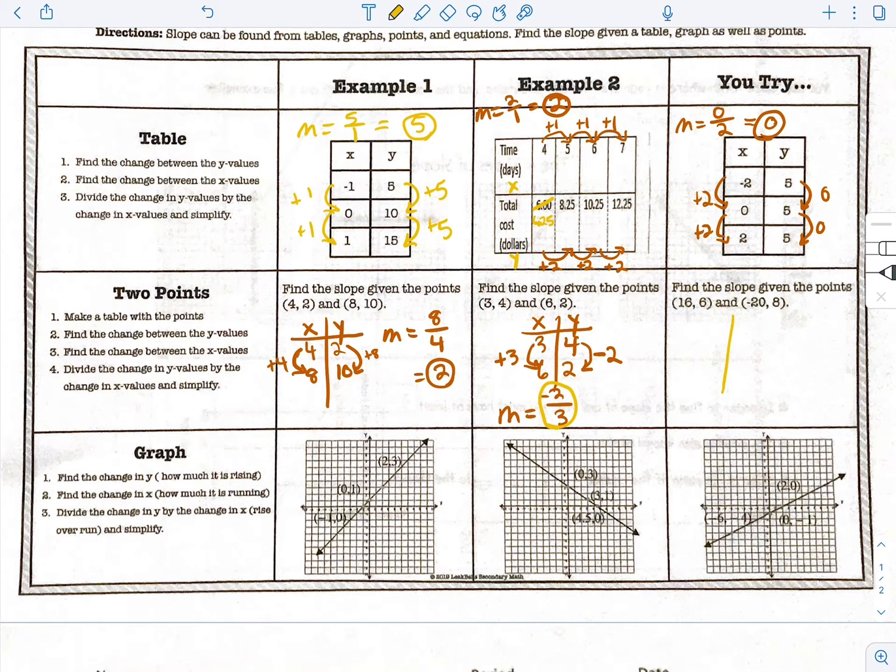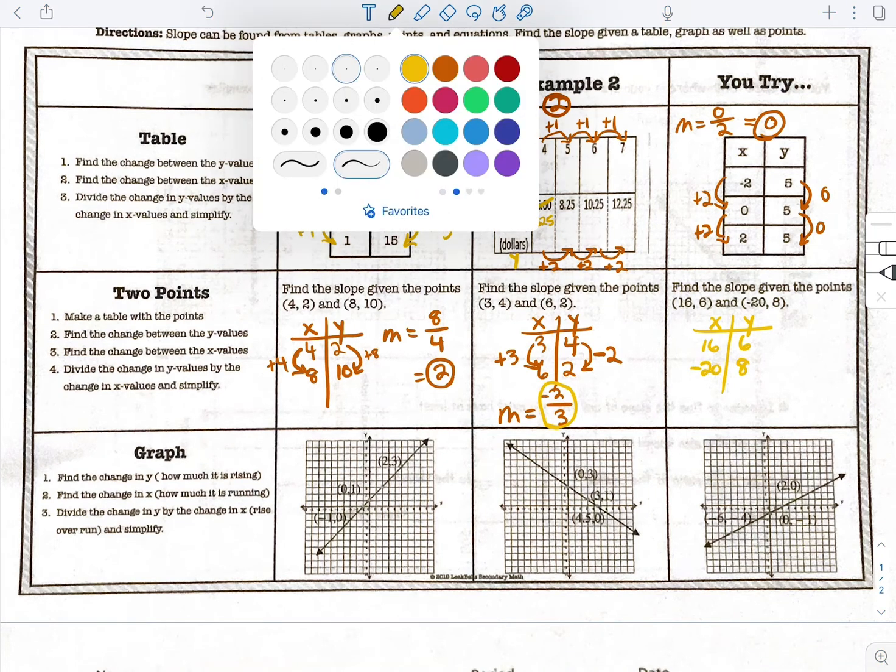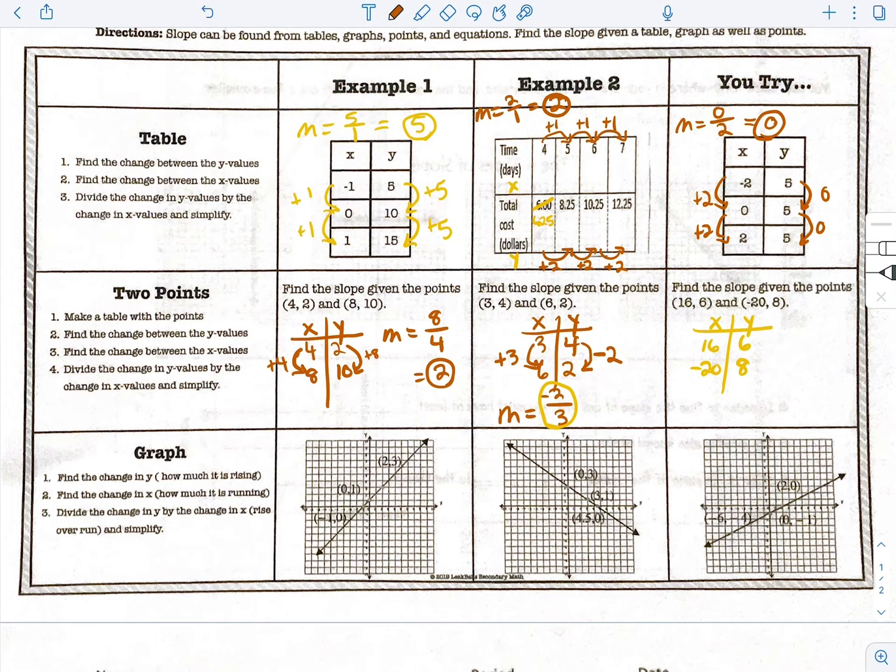All right, when we look here, we're going to put this in a table, right? We got 16, 6, negative 28. So when we go from 16 to negative 20, isn't that a major drop? All right, it looks like it is a drop.